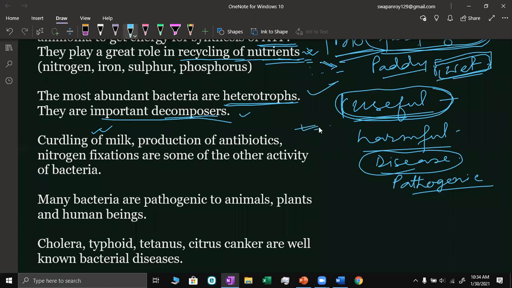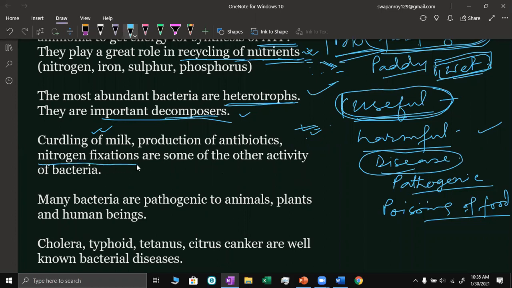Some of the bacteria are also used for alcohol, etc. Of course, many bacteria grow in our food materials and spoil the food. That is the damaging, rotting of food, fruits, vegetables, and also food poisoning is carried out by some of the bacteria.